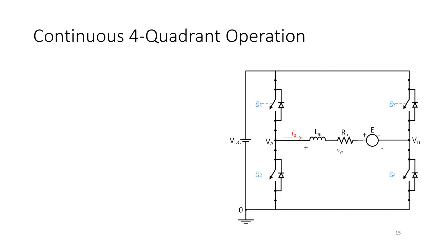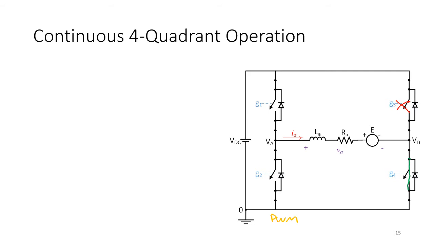Now, we talked about these 4 quadrants. The method that we used up to this point was, we considered it almost 2 independent legs. We put one of them to 0 and PWM the other one. Put the G4 on, keep the G3 open, VB is 0, now do PWM at the other one.